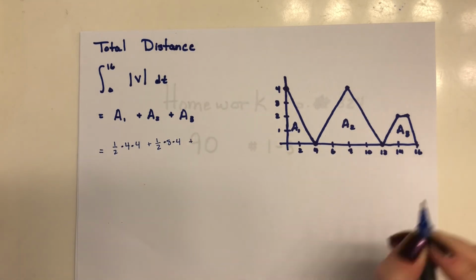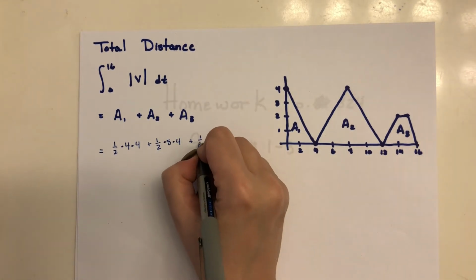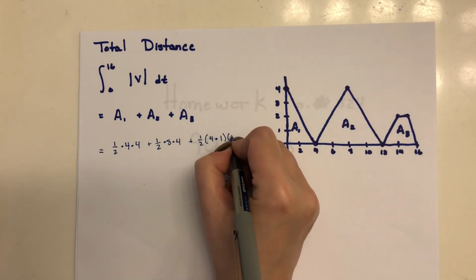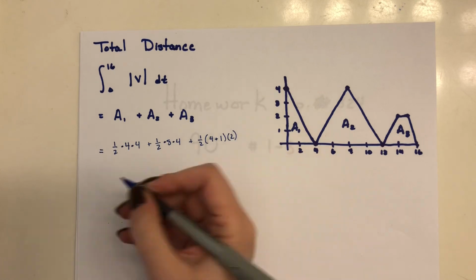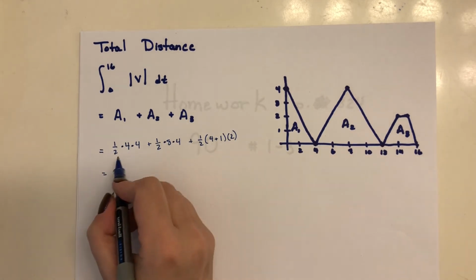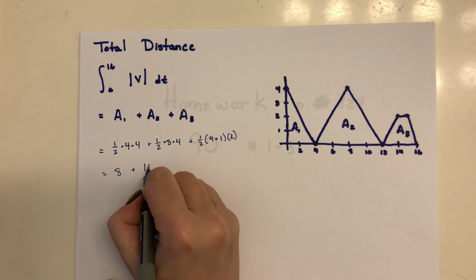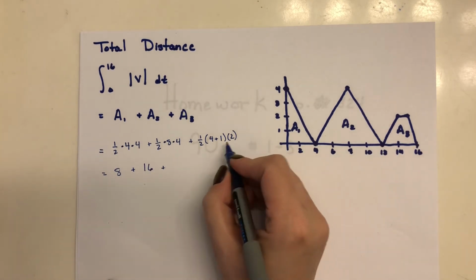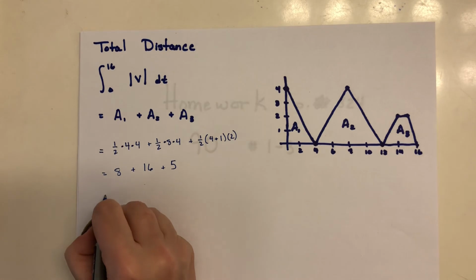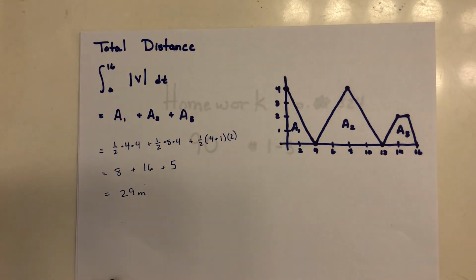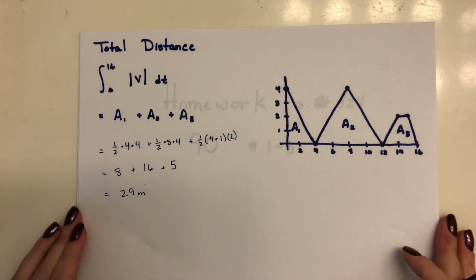And then I'm going to get the trapezoid at the end. Okay, so let's see here. So that's 8, 16, 5. So that is 29 meters. That would be the total distance that my function has traveled from beginning to end.